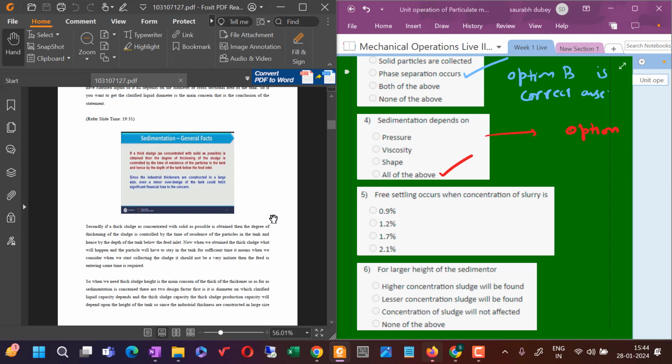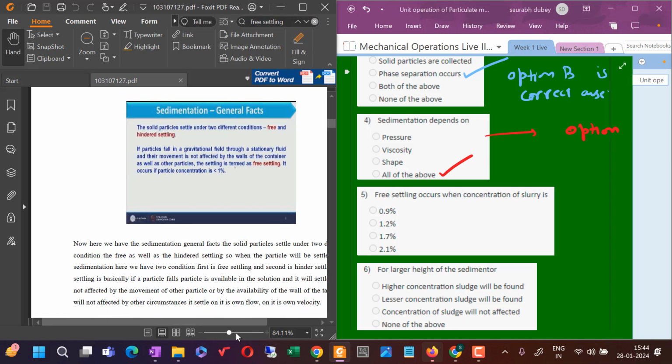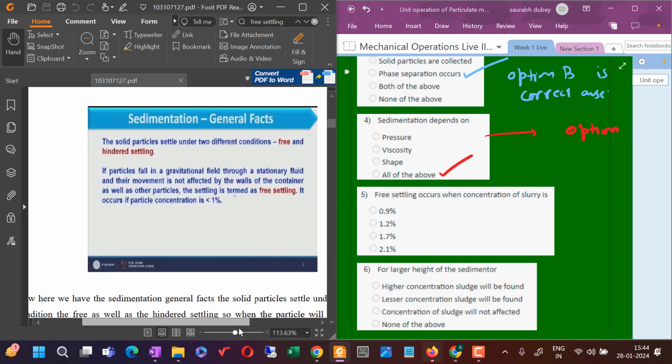In the lecture itself, it has been explained somewhere about free settling, and there you came to know that the concept of less than 1% is very clearly dictated.